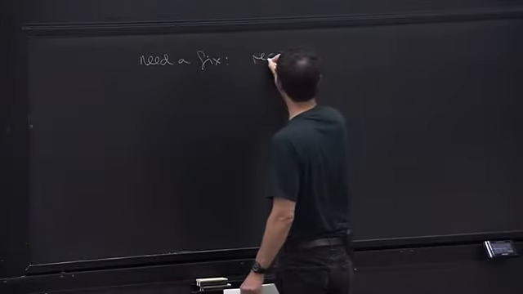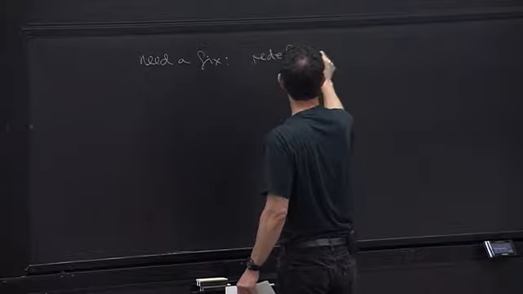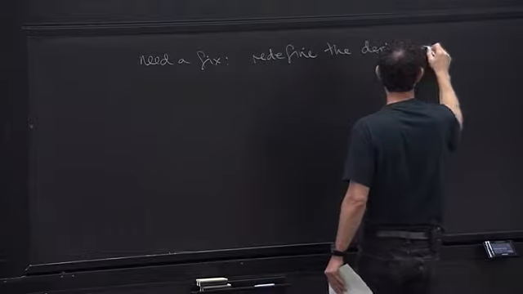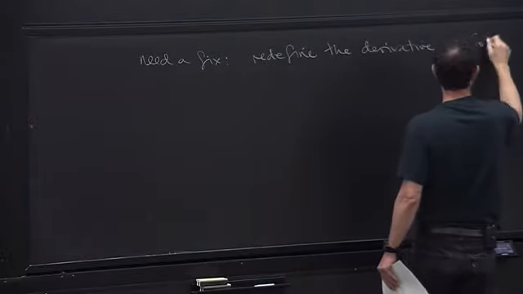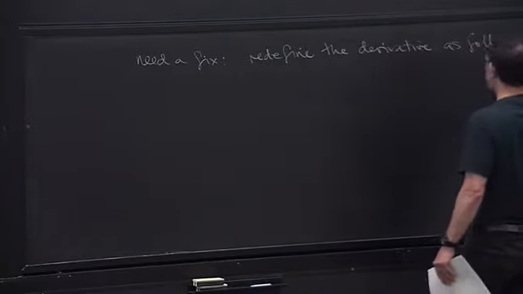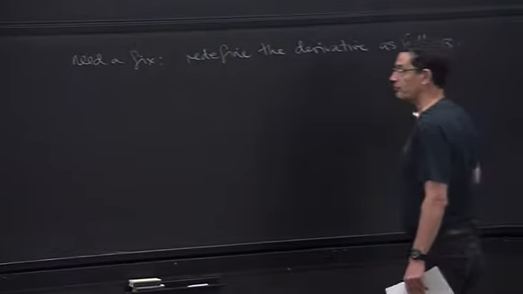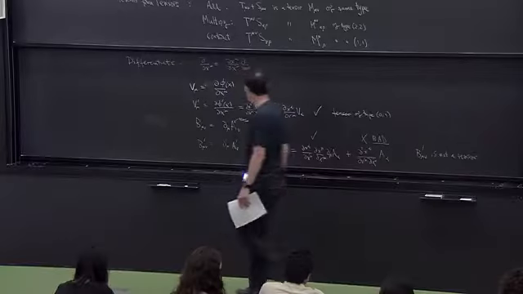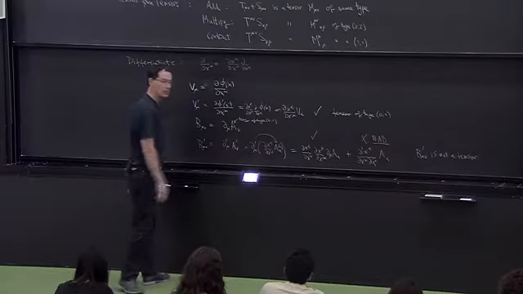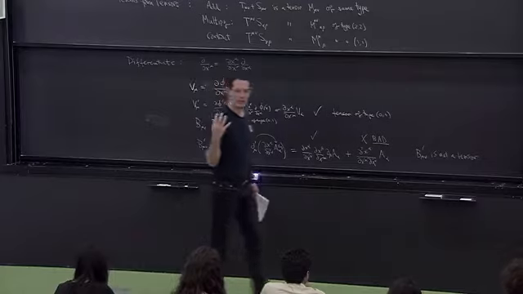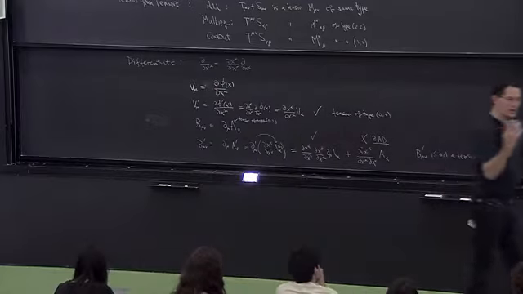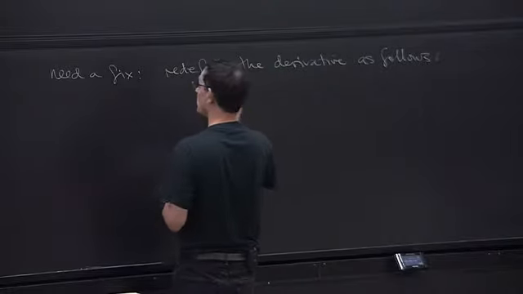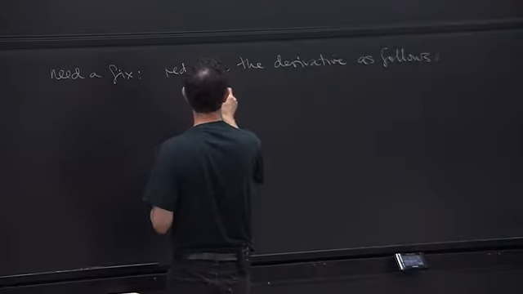So we redefine the derivative as follows. So the idea is to change your definition of derivative. We're not going to use partial derivative. It's not a good operator. It needs a correction.